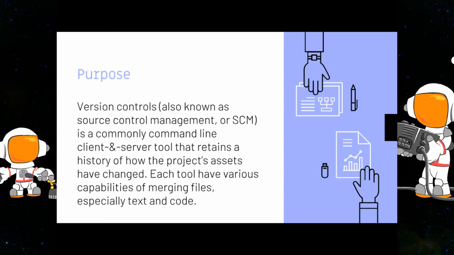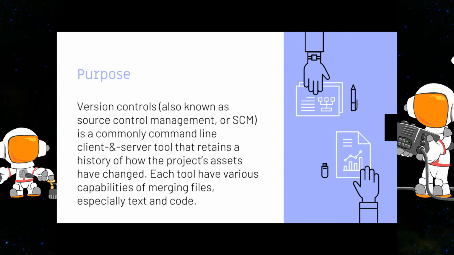Long story short, it means it has a client version and a server version of that tool, and really the whole purpose of version control is that it's a database of all the history and the changes that have been made on a project. It literally keeps track of what changes have been made on the project's assets, in short.